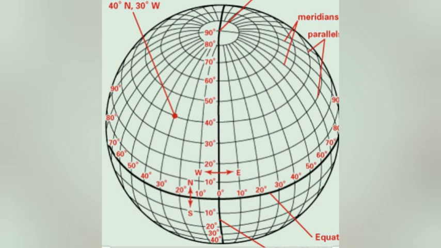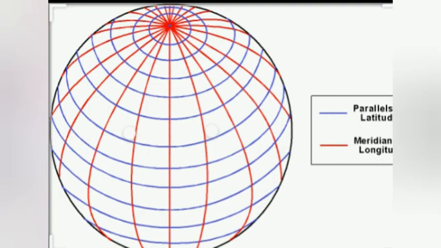There are 90 degrees of latitudes on each side of the equator, 90 to the north and 90 to the south. Including the equator, there are 181 latitudes. In longitude, there are 180 longitudes to the east and 180 to the west. Totally, there are 360 longitudes. Latitudes increase gradually, varying from one latitude to another.